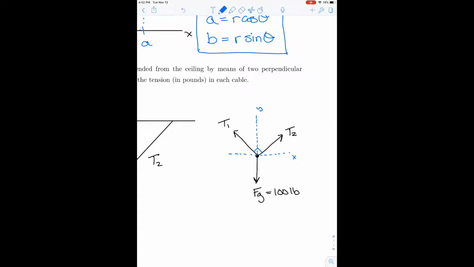So we're going to assume that T1 and T2 are both at the same angle. So what's left is a 45-degree angle, or pi over 4 angle on the right side, and a 45-degree angle, or a pi over 4 on the left side.